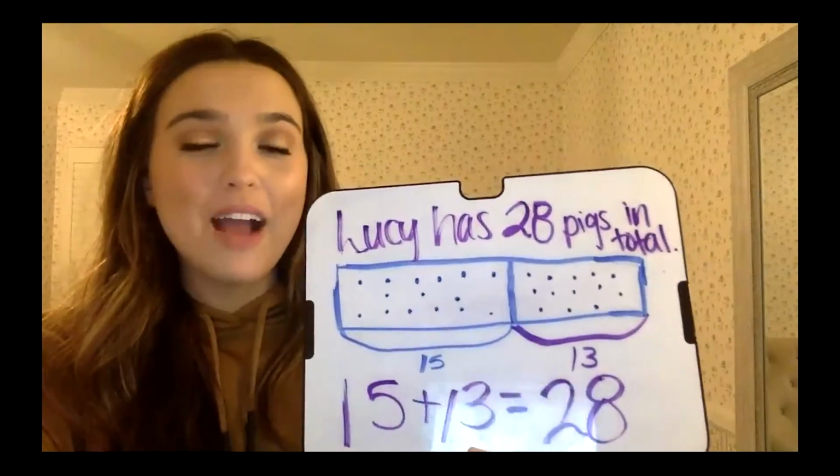So awesome job, guys, helping me solve that. I know that it's kind of a lot of information, but I'm sure you guys are doing an awesome job with it. And the reason why we follow all of these steps when we do word problems is because sometimes it's easy to get confused when we look at a word problem. It can seem so big or so long that we just don't even know where to start.